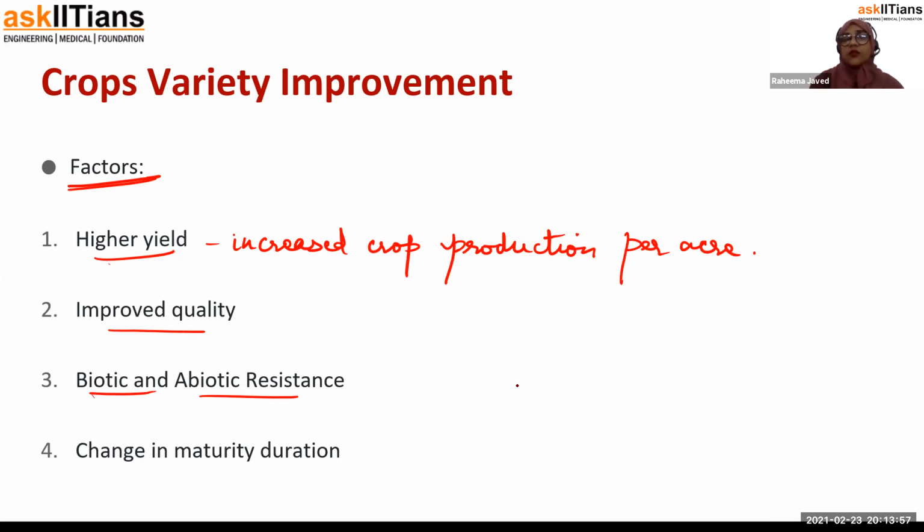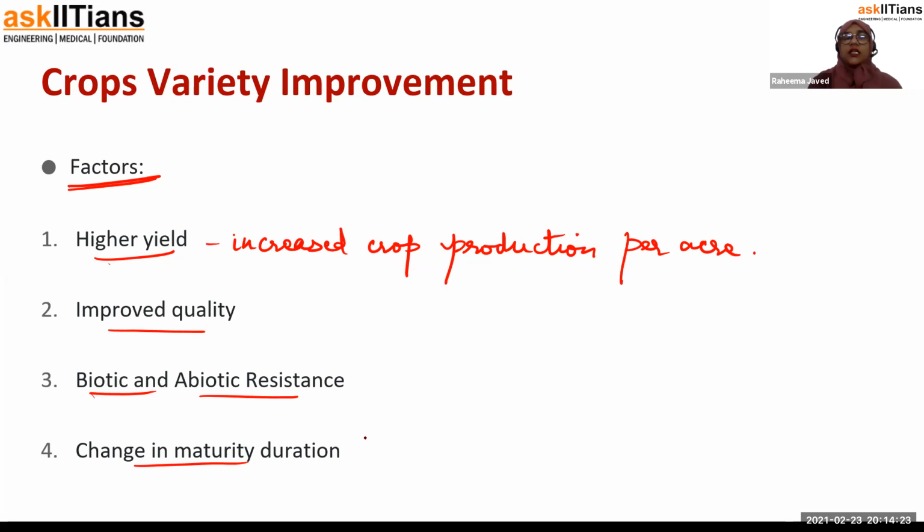So, if there are varieties that are resistant to both biotic and abiotic stresses, the crop production can be increased, and these varieties can be grown in many areas with different climatic conditions. Change in maturity duration is the fourth factor.